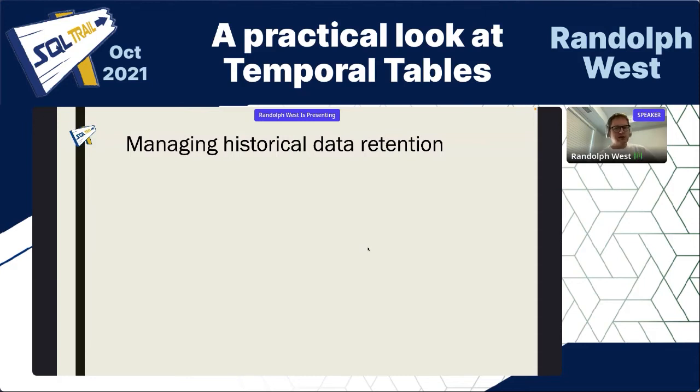Then you would have to go into the history table and clean it out, whether that be by partitioning and switching out a partition, or by doing a truncate or a delete from where the date was earlier than a certain time.